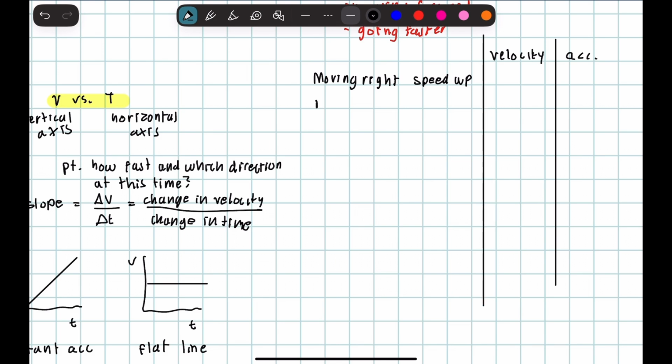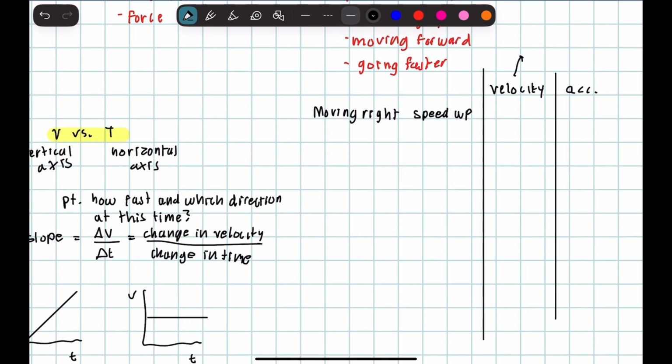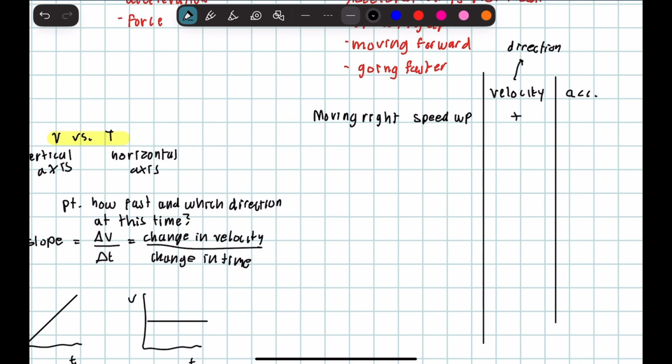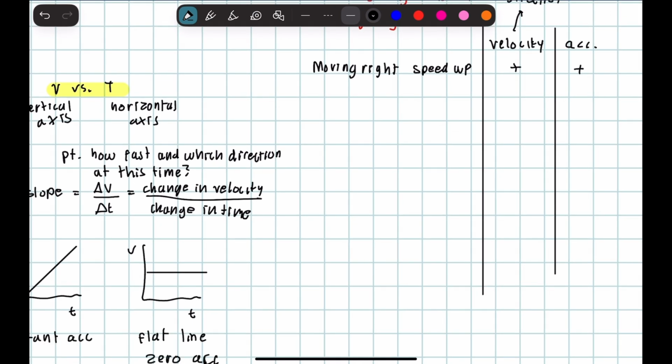This means if you're moving right, you're moving in the positive direction. So velocity, think about the direction because it's a vector. If it's moving right, you have a positive velocity. And if you're speeding up, you also have a positive acceleration.